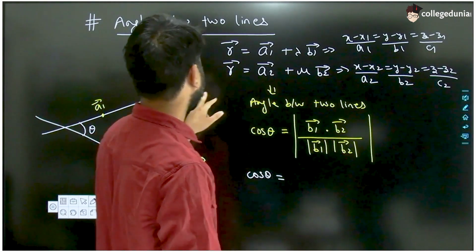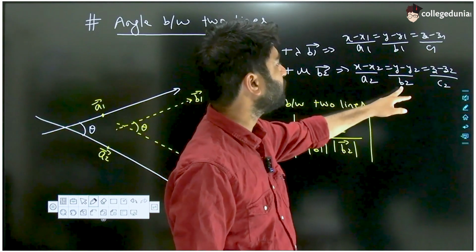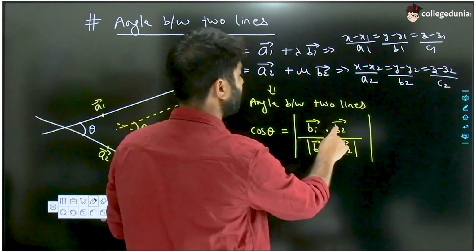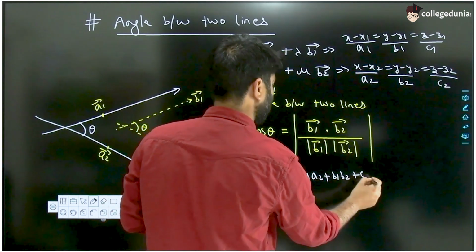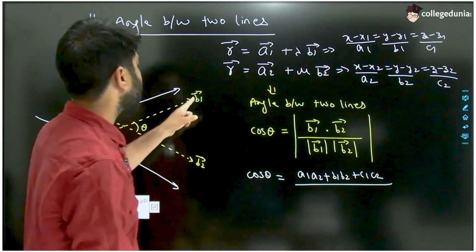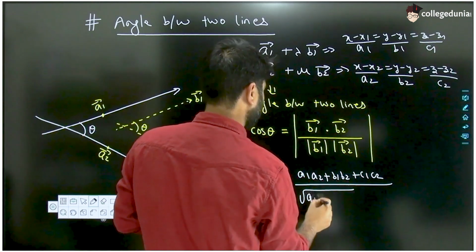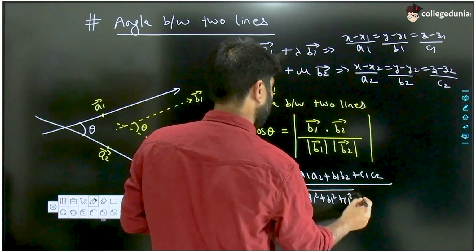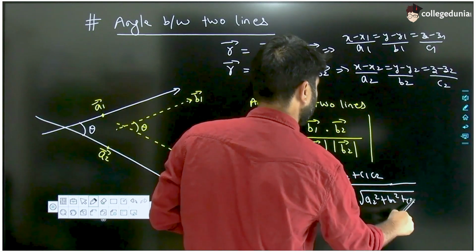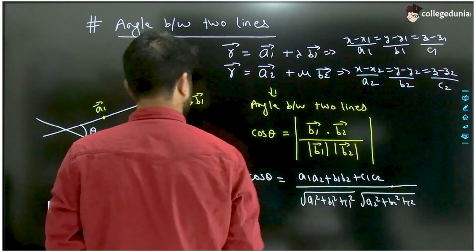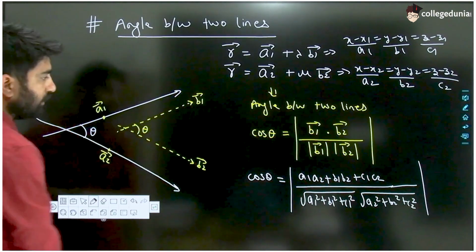So b1 vector is a1 i, b1 j, c1 k, and b2 vector is a2 i, b2 j and c2 k. So the dot product of b1 and b2 will be a1 a2 plus b1 b2 plus c1 c2, divided by the magnitude of b1, which is square root of a1 square plus b1 square plus c1 square, into square root of a2 square plus b2 square plus c2 square, and modulus will be there on the right side.